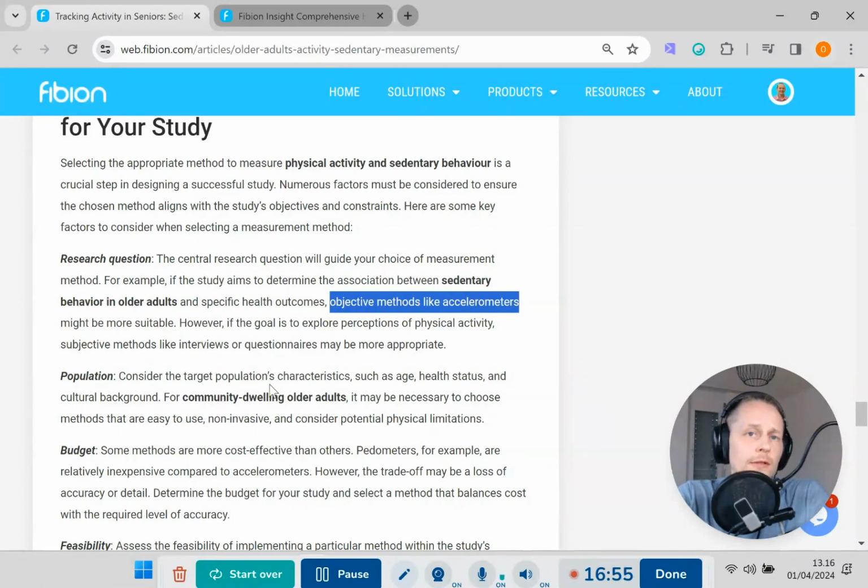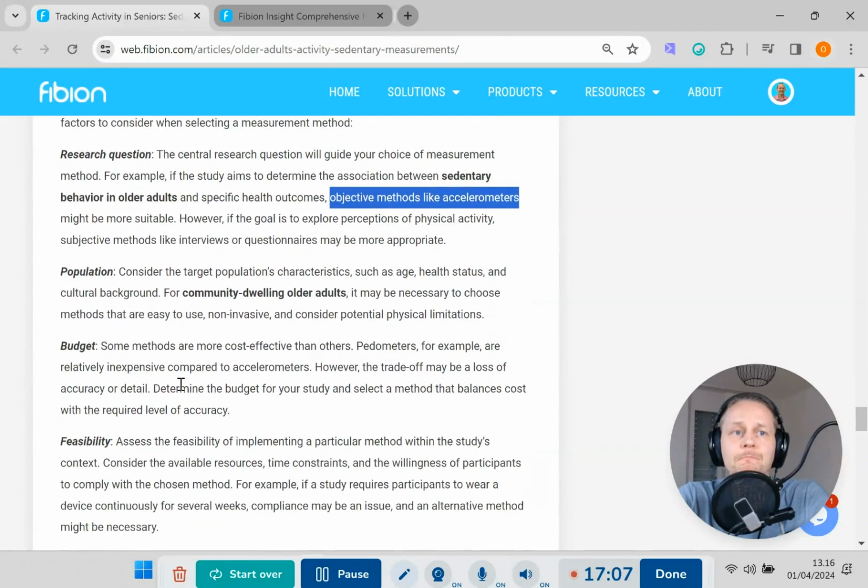If your goal is to explore perceptions of physical activity or context of physical activity, subjective methods are much more appropriate than device-based methods. And of course, an important consideration is the population and the population's characteristics, such as age, health status, and cultural background.